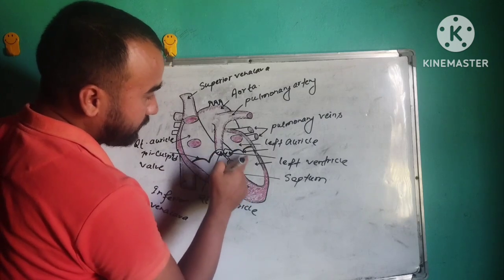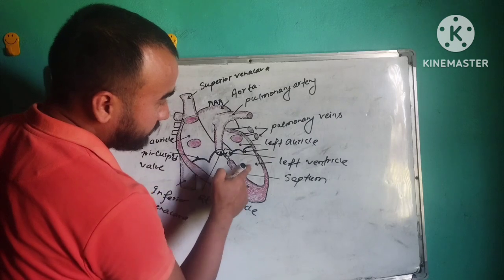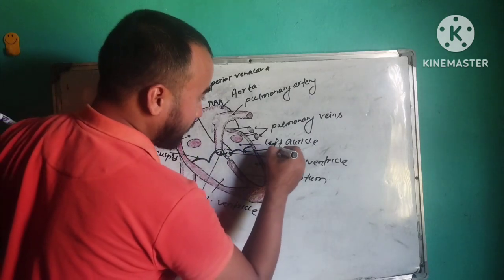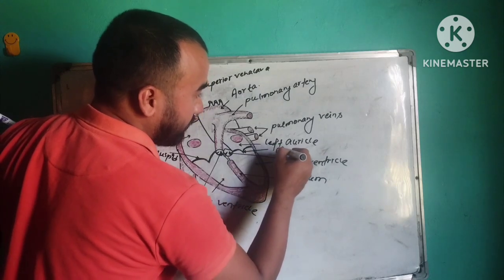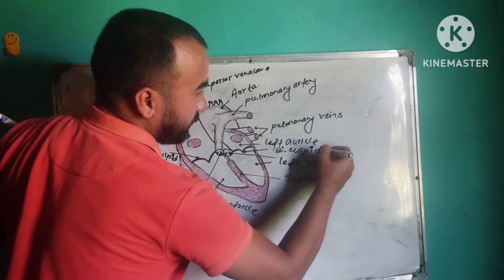And similarly, this structure lies in between the left auricle and left ventricle. This one is the left auricle, this one is the left ventricle. Between them there is a valve known as the bicuspid valve.